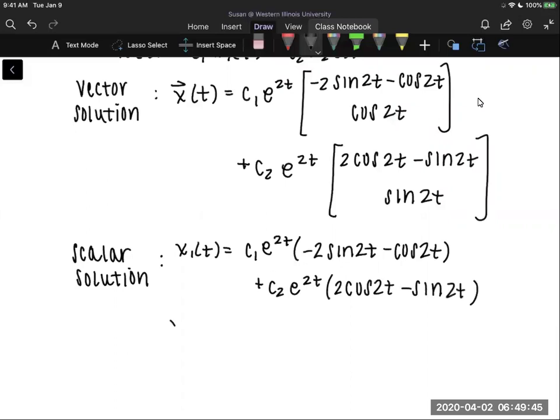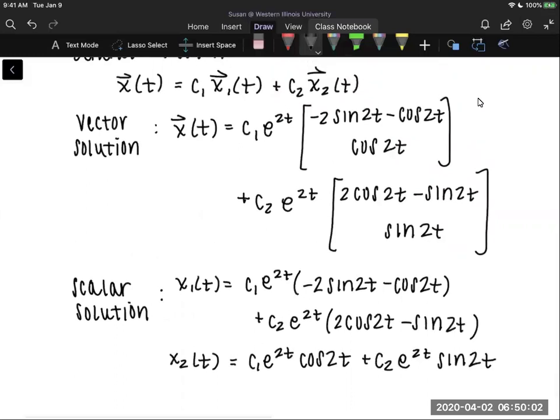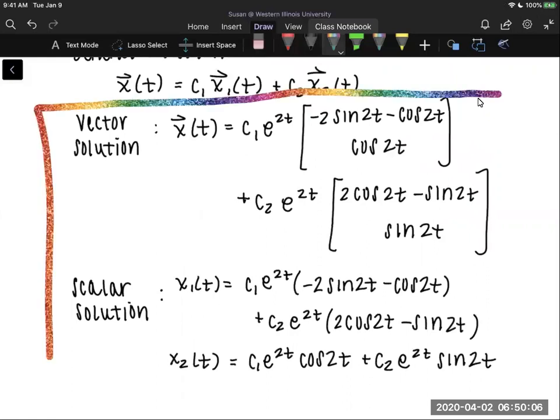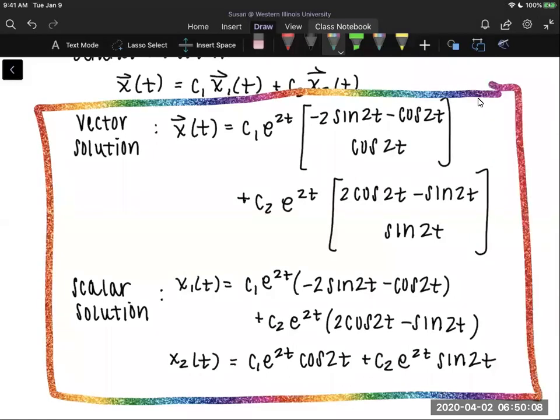And then x2 is going to be quite a bit shorter because it has half as many terms. That's going to be C1 e to the 2t cosine 2t plus C2 e to the 2t sine 2t. So two different ways to write your solution. I typically don't ask for one way or the other, so you can choose which way you want.